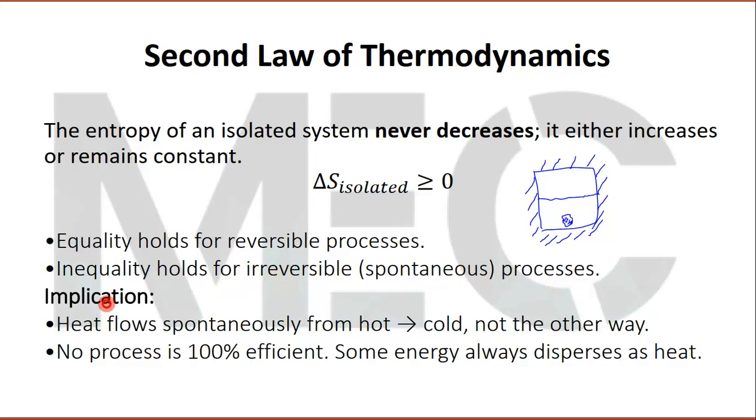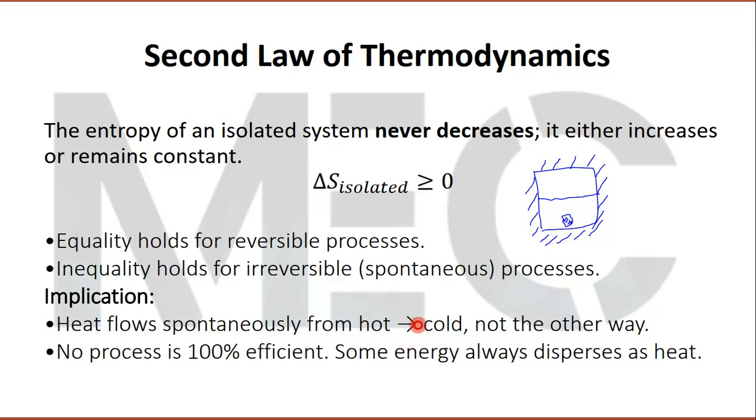What are the implications? Heat flows spontaneously from hot to cold, not the other way. I'll show this quantitatively. A positive change of entropy will lead to spontaneous heat flow from a hot object to a cold object.